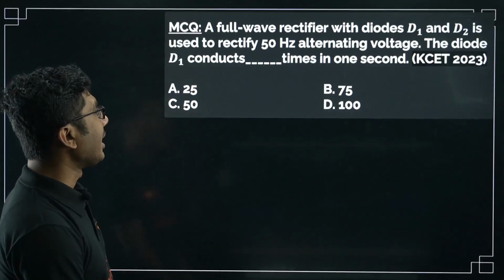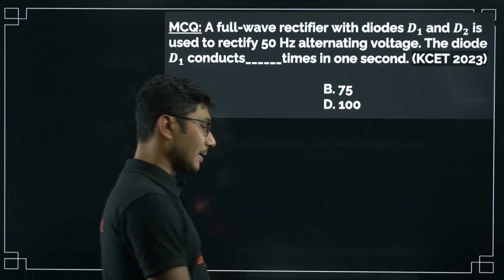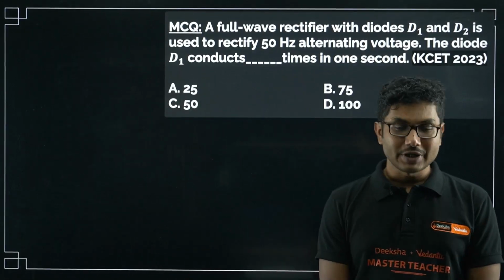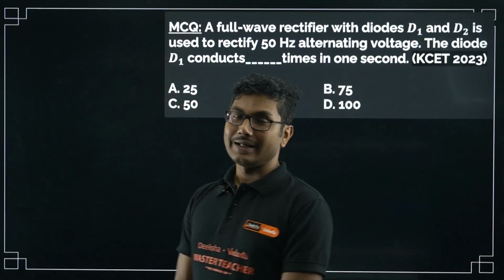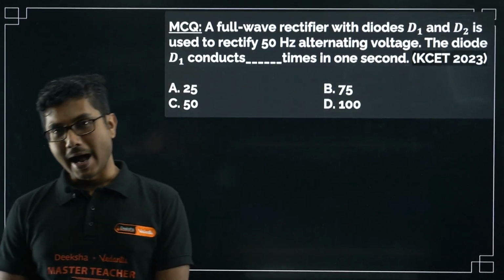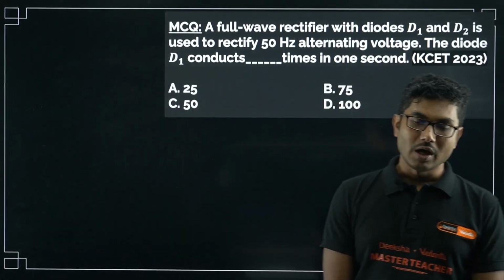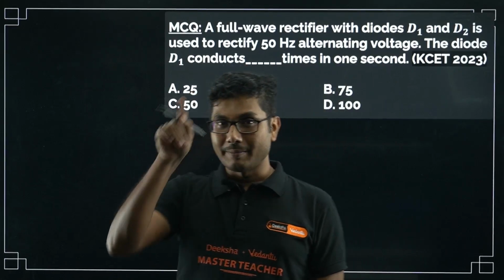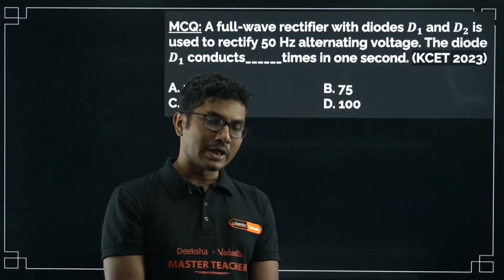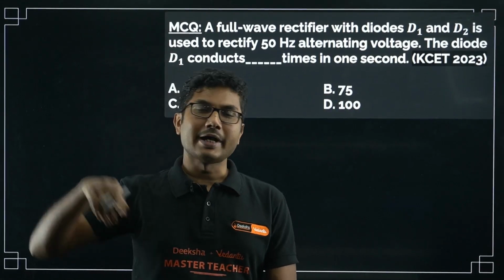So 50 Hz means 50 times a second it is giving you high, and 50 times a second it is giving you low. In the high, that is the maximum point, diode D1 conducts, and at the minimum point diode D2 conducts.